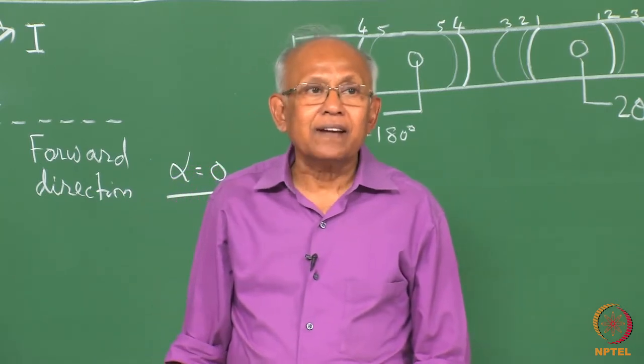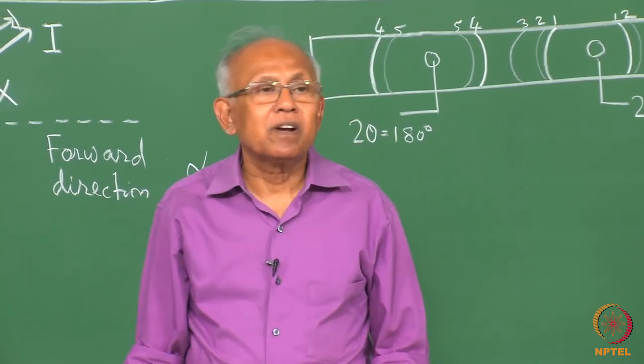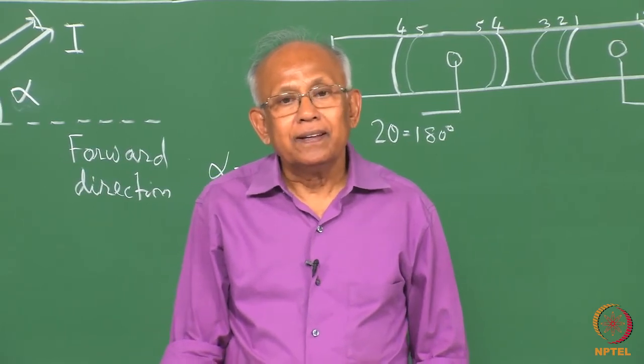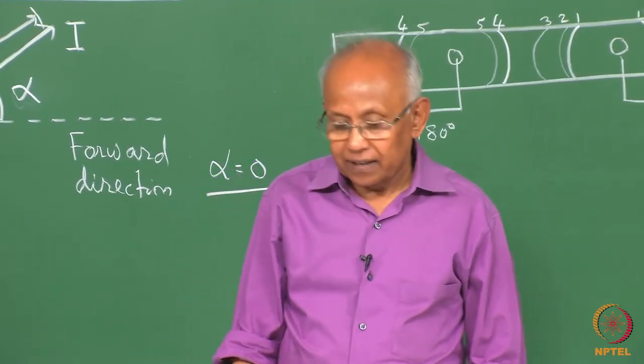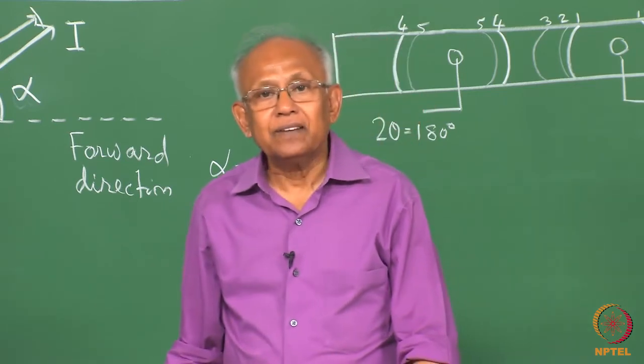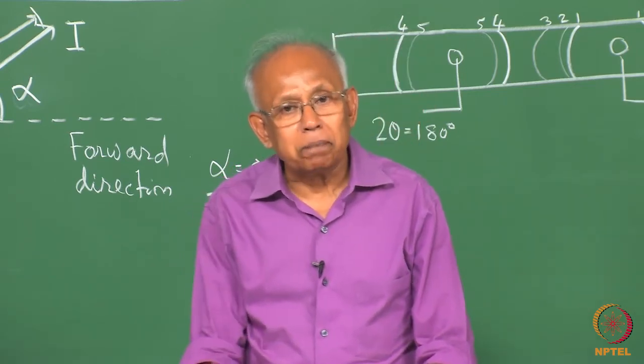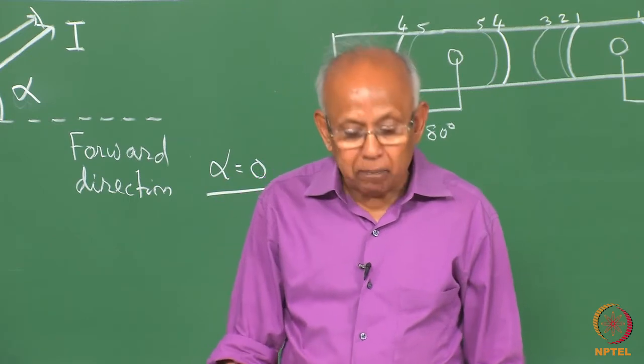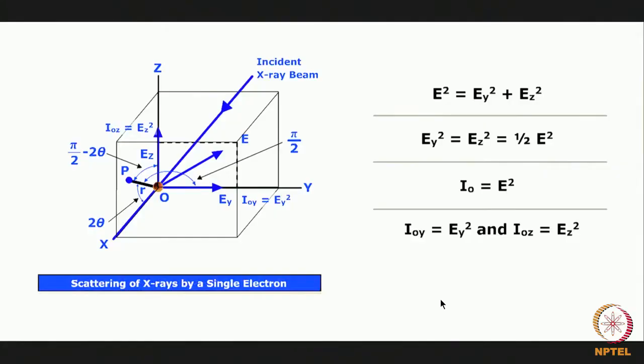Now, this factor arises simply because of the fact that the electric vector associated with an X-ray beam is not plane polarized. Say for example, we have an electron over here at the origin of this cube. Suppose a beam of X-rays is incident in this particular direction along the x direction.